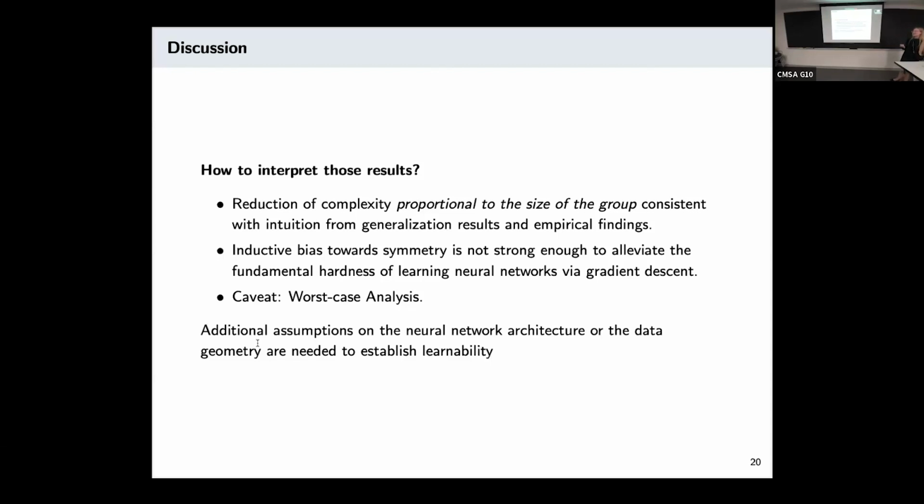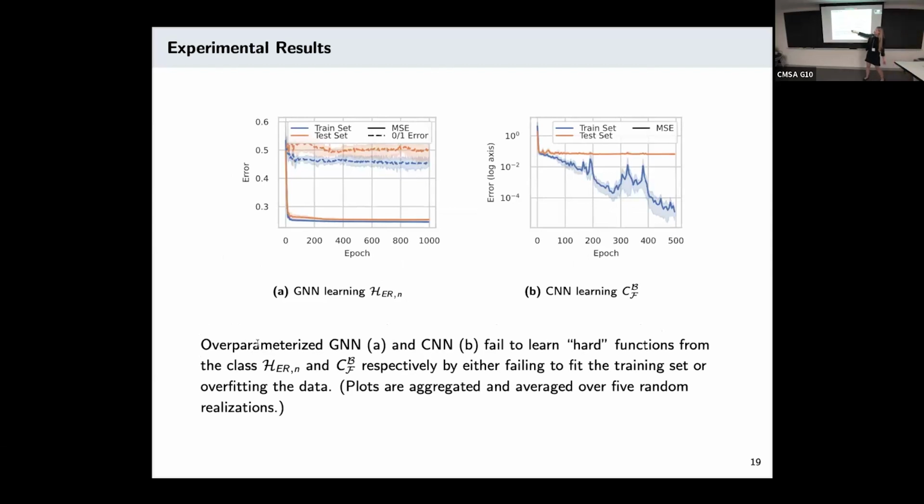Yeah, so unfortunately those function classes here are not very intuitive. They're really constructed in a way to make the proof work. In the graph neural network setting here, the class of graphs that we start with are Erdős-Rényi graphs.